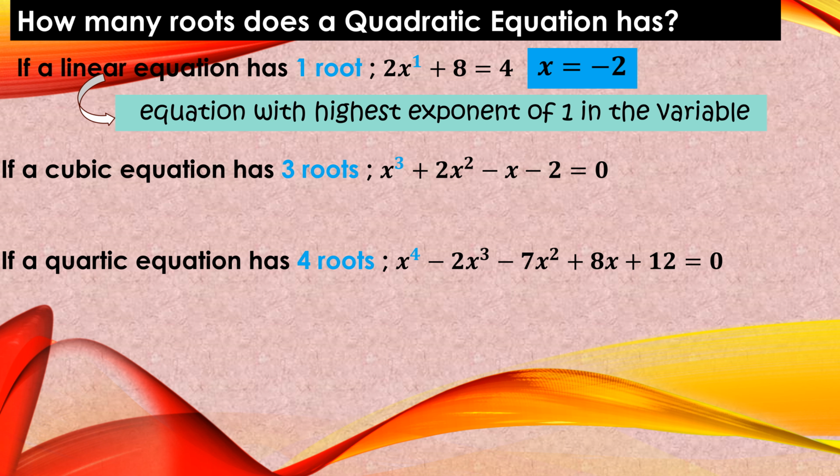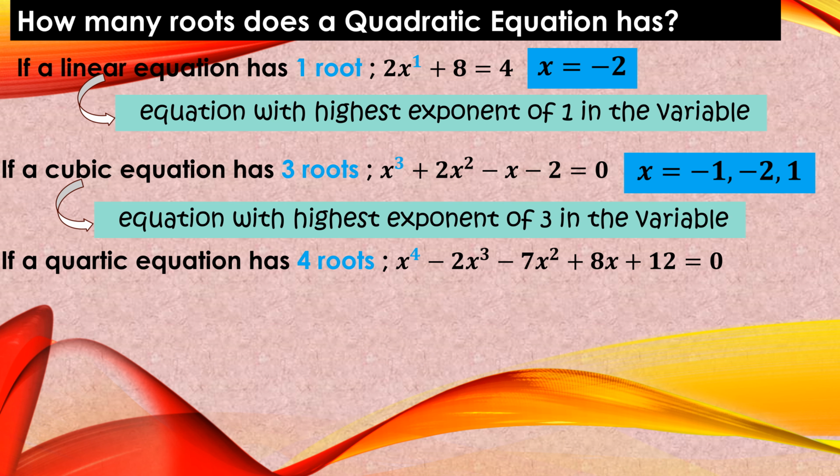So again, a linear equation has one root. And then what do you mean by a cubic equation? A cubic equation is an equation with the highest exponent of 3 in the variable.